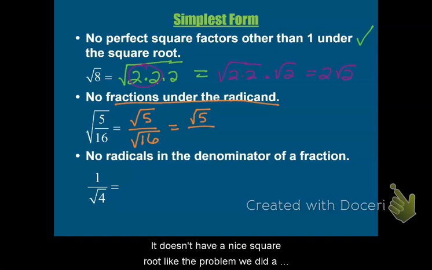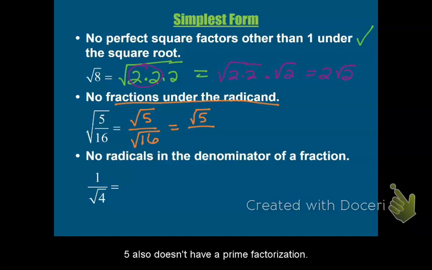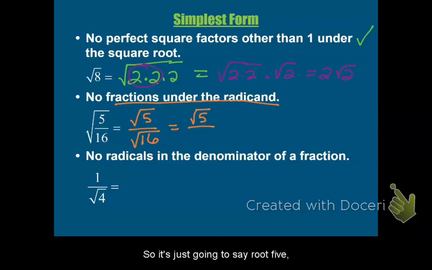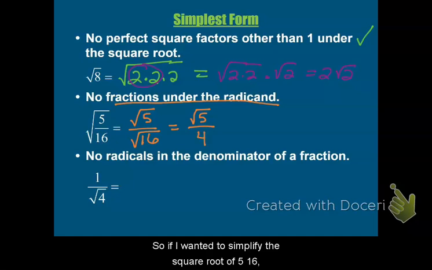It doesn't have a nice square root like the problem we did a moment ago where we had the square root of 9 in the numerator and we simplified that just to 3. 5 also doesn't have a prime factorization. I can't break that down any further, like where the 8, I broke it into 2 times 2 times 2. So it's just going to stay root 5. Square root of 16, that is 4. So if I wanted to simplify the square root of 5/16, that becomes root 5 over 4.